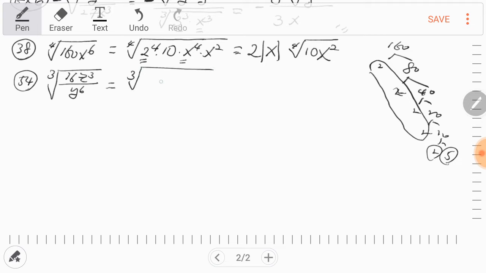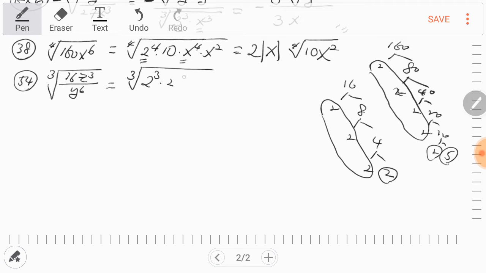And 16 is 8 times 2, and 8 is 2 cubed. 16 is 2 times 8. 8 is 2 times 4. 4 is 2 times 2. So you can write it as 2 cubed times 2. And z cubed stays there. The denominator is the cube root of y to the 6th power.